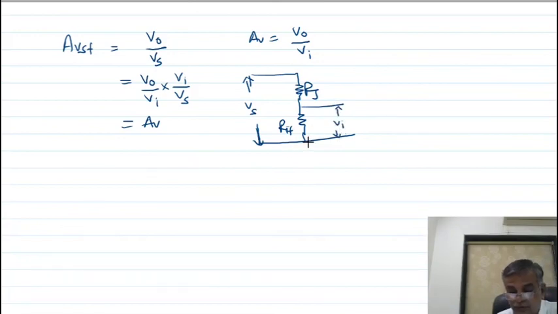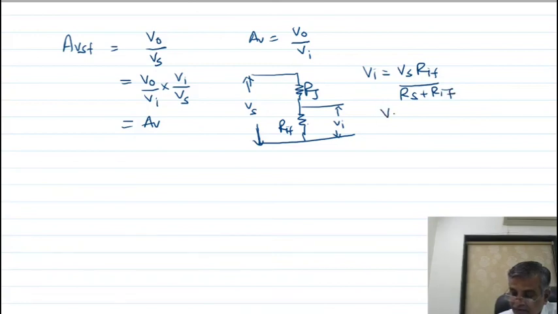So from this you can write, you must be knowing what is Vi. From this circuit you can write Vi is nothing but the applied voltage into this resistance upon total resistance.